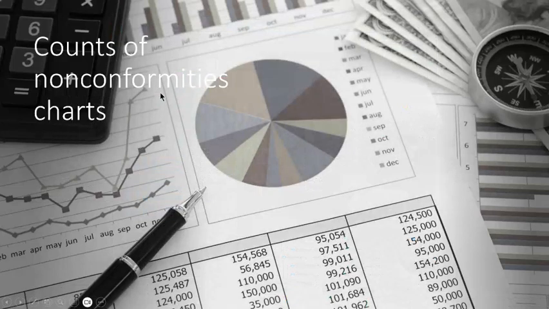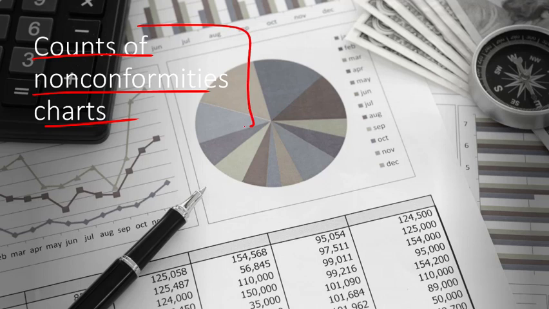So, hello everyone. This is the second part of the attribute charts, and here we are looking for counts of the non-conformities. What it means is that the parts can be used. In the previous case, the parts cannot be used, but here parts can be used.